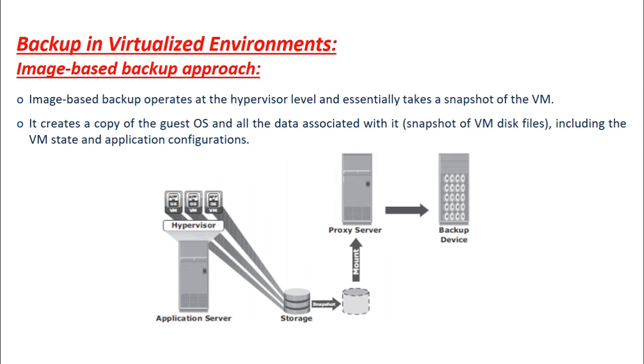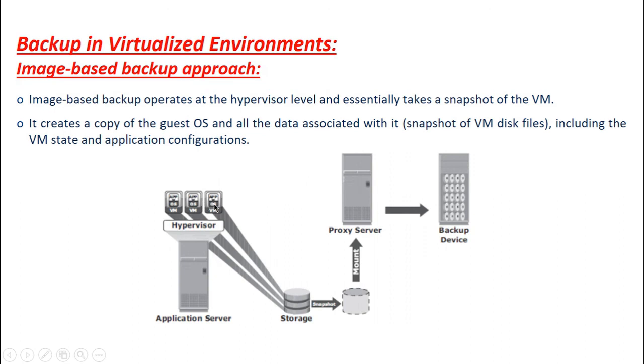The backup is saved as a single file called an image, and this image is mounted on a separate physical machine, a proxy server, which acts as a backup client. The backup software backs up these images normally, as shown in this diagram.